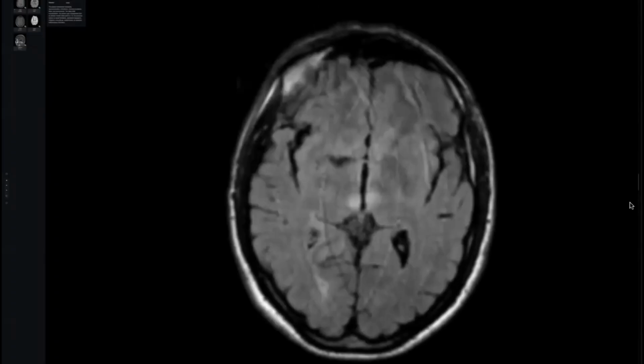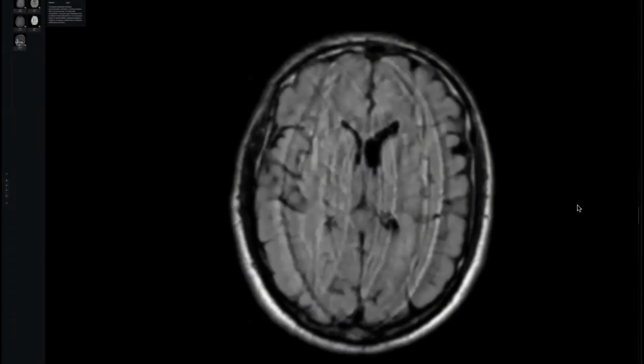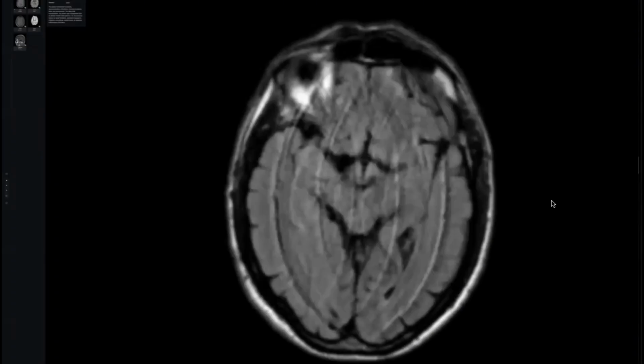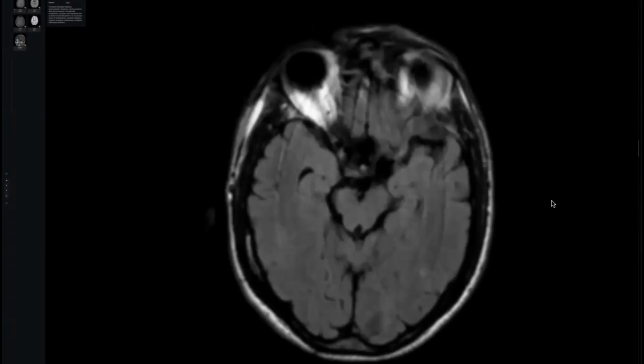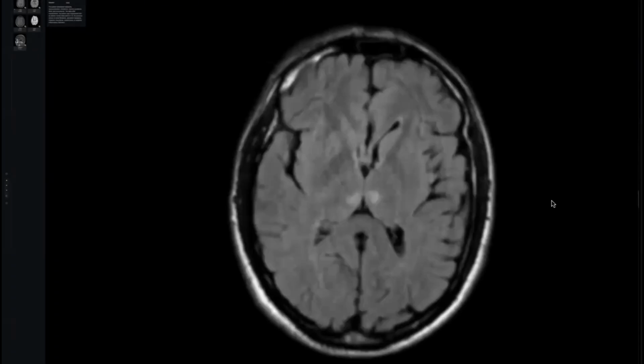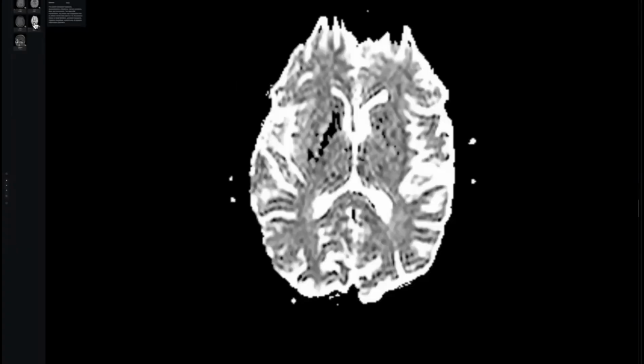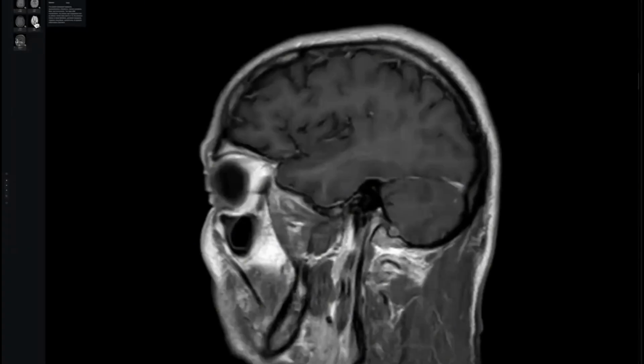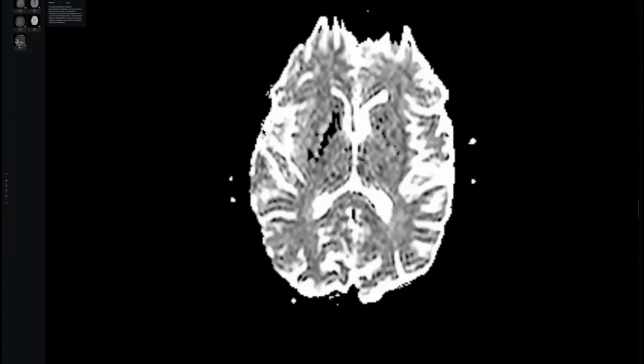I will check for the mammillary bodies as well. Because there is bilateral thalamic increased signal intensity, I will check for the diffusion restriction images, DWI images. This one. Yalla, scroll.